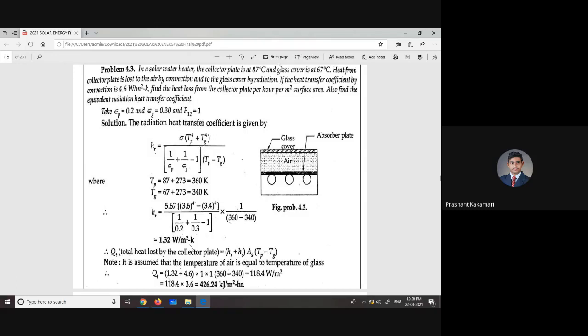So convert these temperatures in degree centigrade for radiation process into Kelvin and keep it as raised to 4, divided by 1 by epsilon P plus 1 by epsilon G. That's the emissivities of two surfaces, minus 1, into Tp minus Tg. So after converting this temperature into Kelvin and using the given values and Stefan Boltzmann constant, you have to remember.